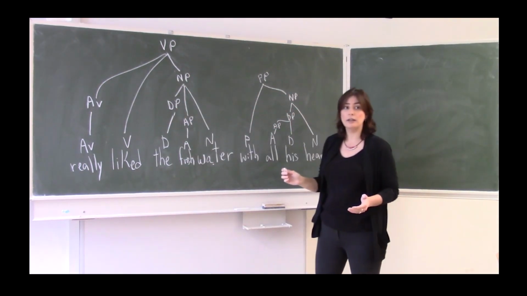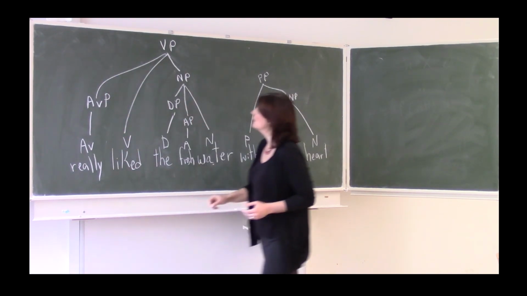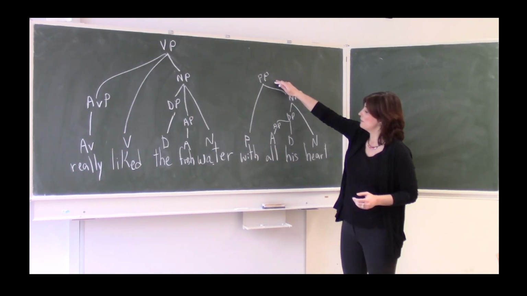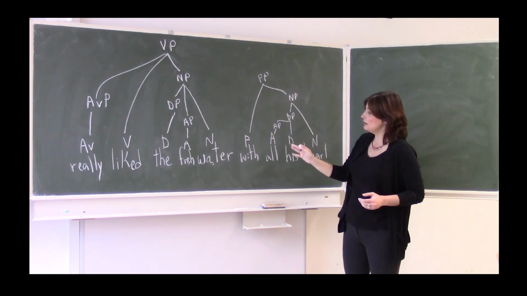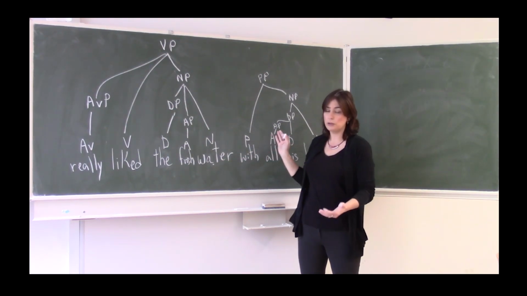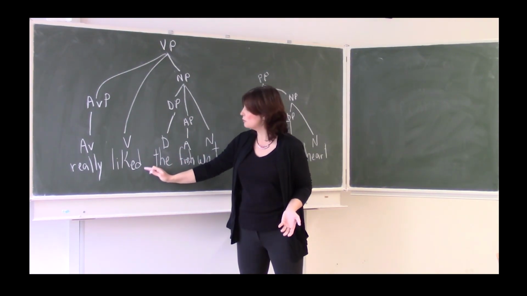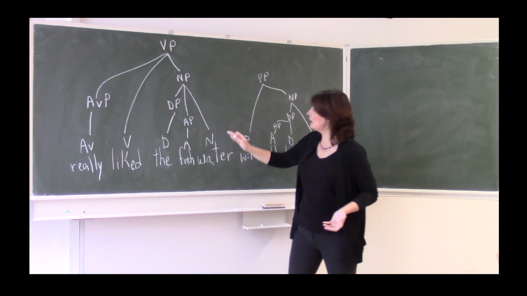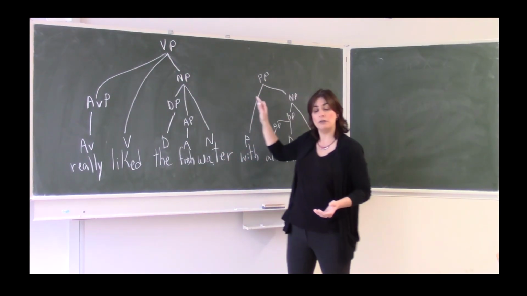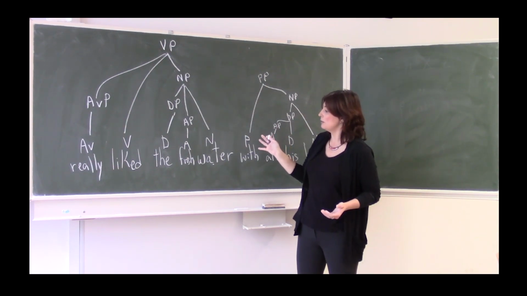And the only thing that I have to connect, oh, I forgot the P, is this PP. So "with all his heart" doesn't go with "water," because the water has nothing to do with the heart, but it goes with "liked." And this is very important, because both VPs and NPs would allow for this PP to attach to them. But you have to look at the meaning a little bit.